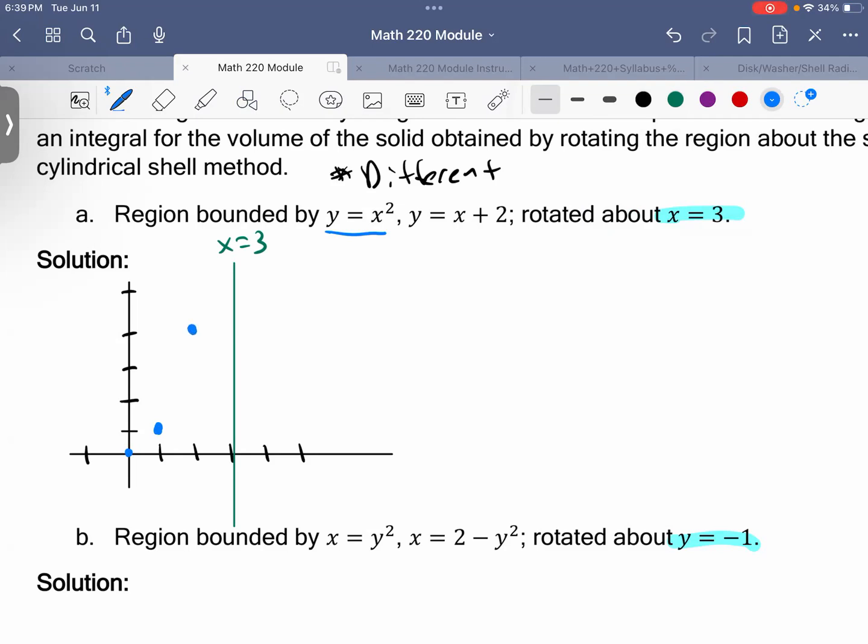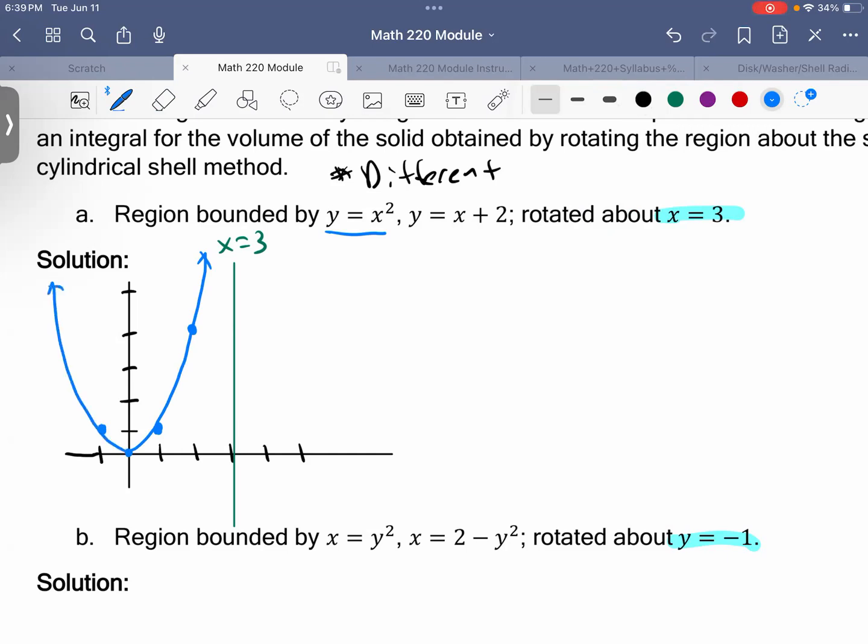And at -1, it's going to be 1. Okay. So here's that parabola, something like this.